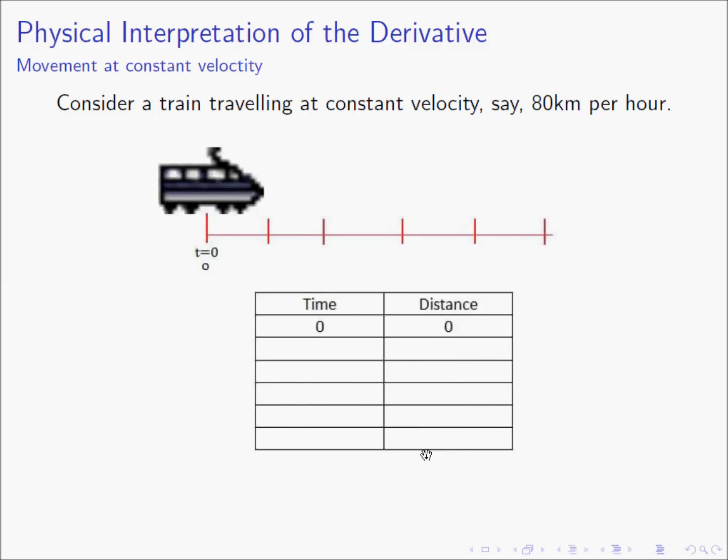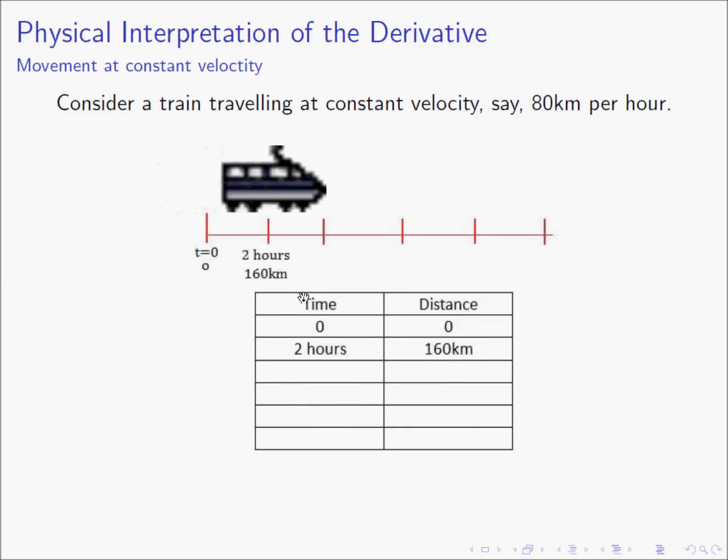We're going to write down here the intermediate times, and on this column the distance covered by the train at each of those times. So for example, at the initial time 0, the distance is 0. After 2 hours, the distance is 160 kilometers, and so on.